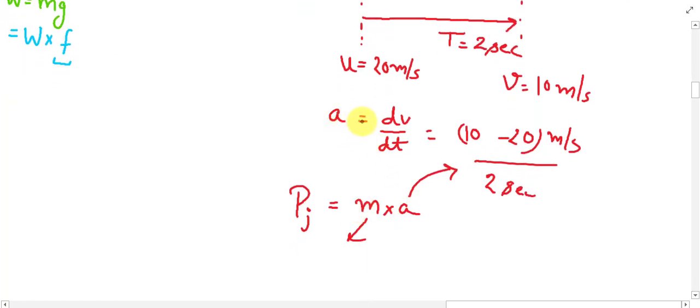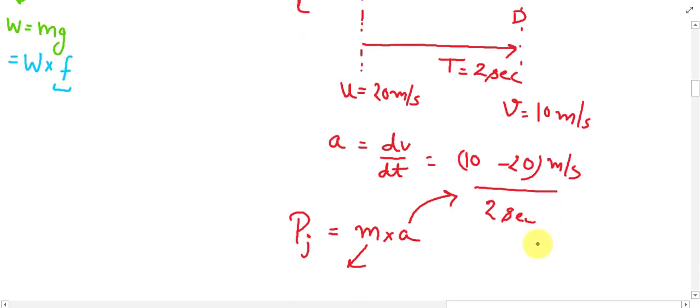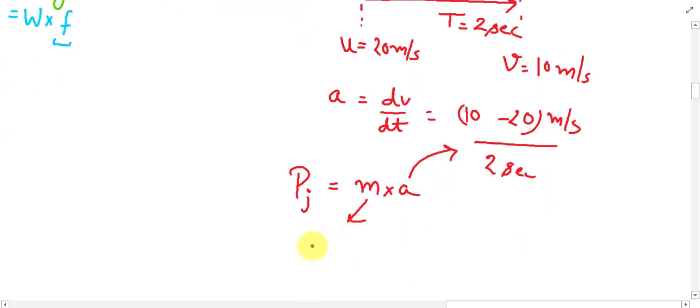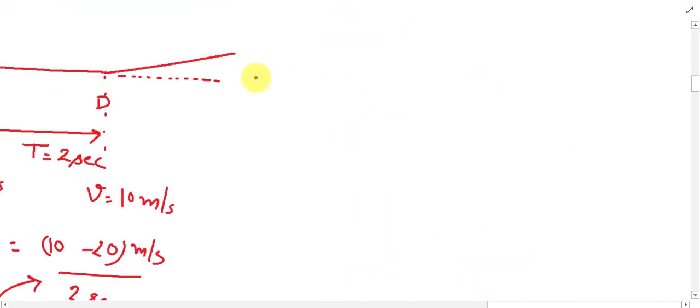Hence, this is a negative value, and the negative value shows that deceleration occurs here. In this case, Pj will be negative m into a.